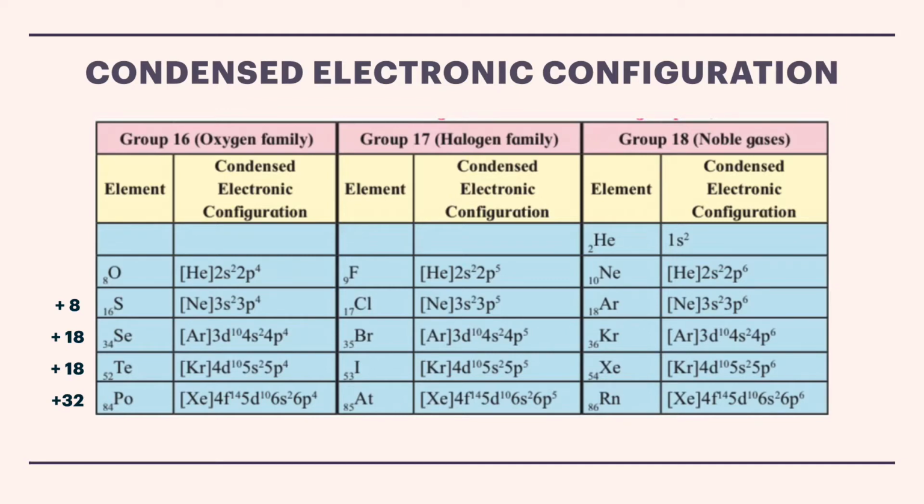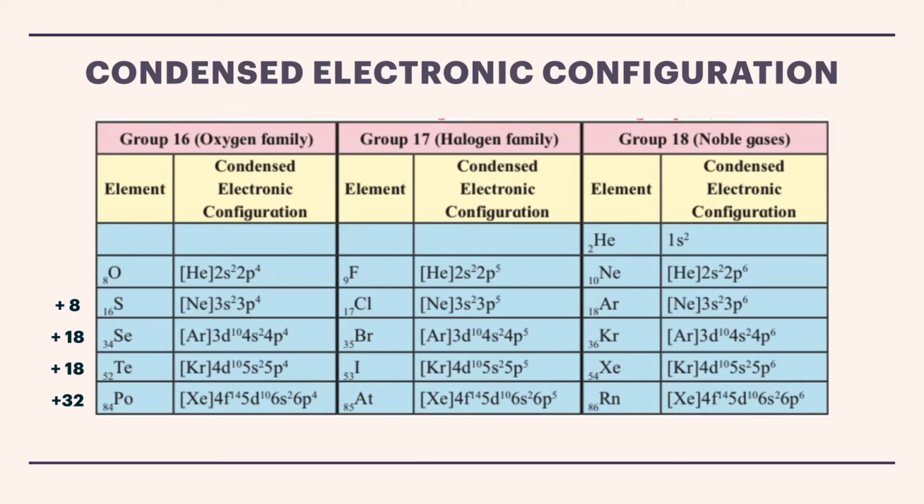Please understand that, it is very simple. Once I introduce the 3d orbital, it will always be the n minus 1 d orbital. So it will be argon, n is 4, so 4 minus 1 is 3, therefore I will write 3d10 4s2 4p4.